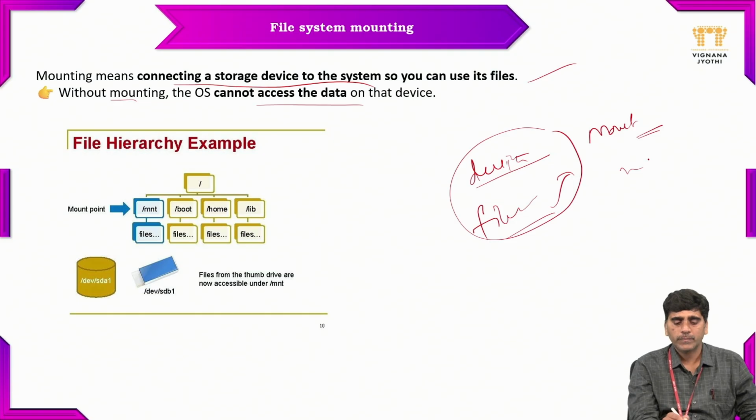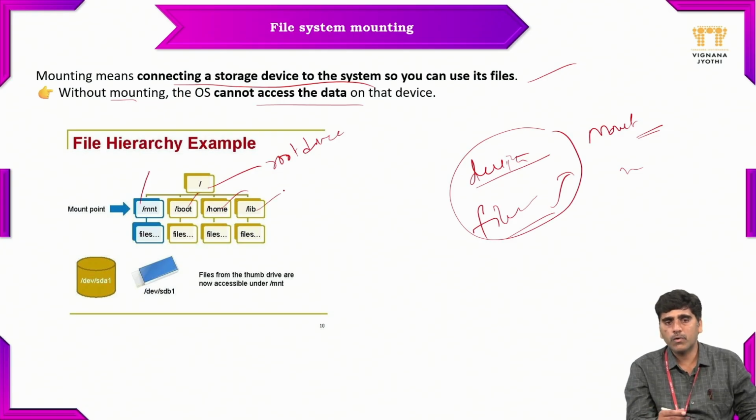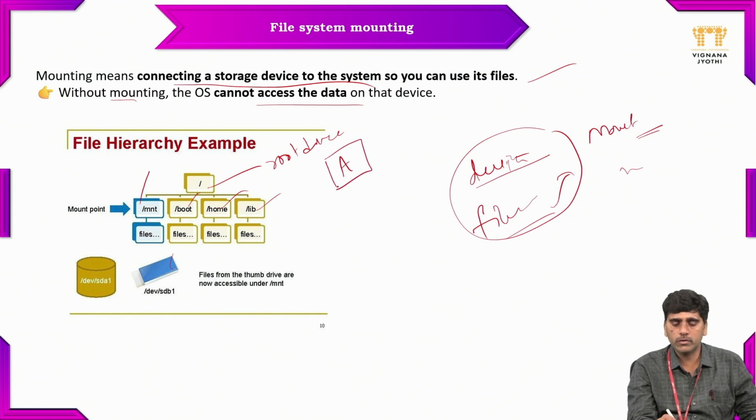See this example. This is the root directory, which is created as a directory, and these are all the different mount points, and in these mount points you are creating the files. Suppose I am creating folder A as the root directory.